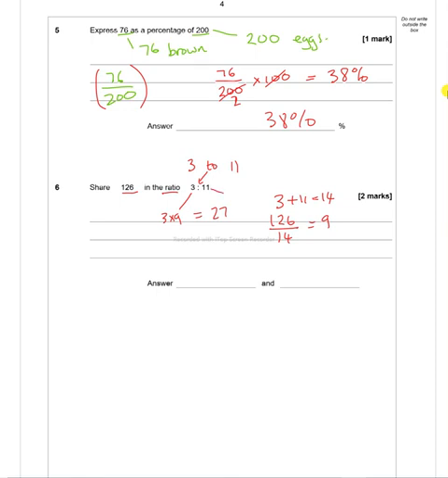And then this has got 11 parts, so it'll be 11 times 9, 99. Now if I add 99 and 27, I should get 126, which I do. So it's 27 and 99. And they want to see this working out for 2 marks.